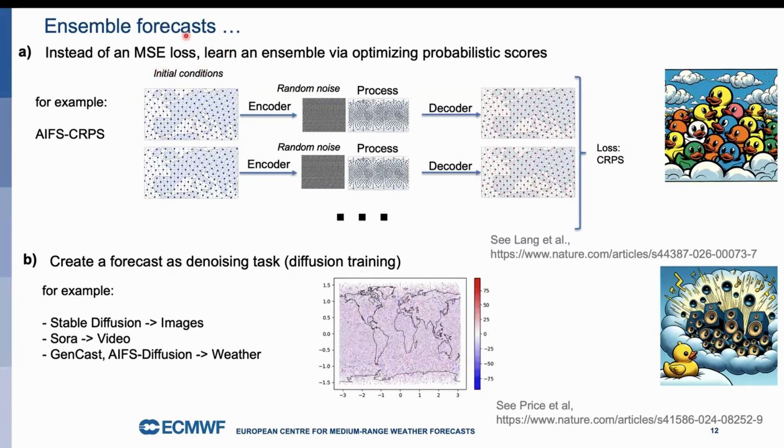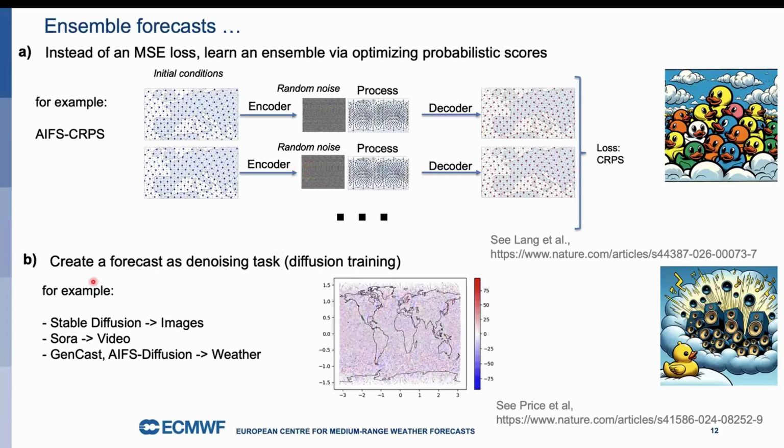And one option is, instead of using a mean squared error loss, we learn an ensemble by optimizing a probabilistic score, such as the continuous rank probability score, CRPS. So here you bring forward a small ensemble in time, and then you have a probabilistic loss that encourages the model to learn the right forecast distribution.